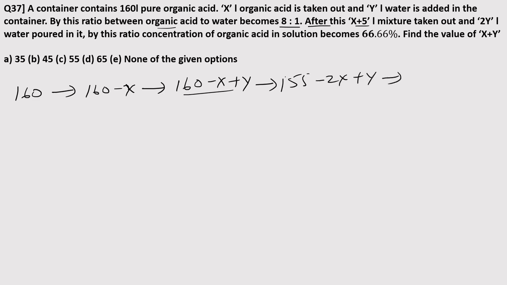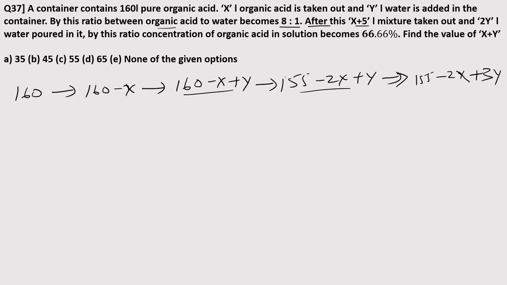Then 2y water is poured into it. Means this plus 2y, this is coming out to be 155 minus 2x plus 3y. These are the volumes. I have written the volumes.